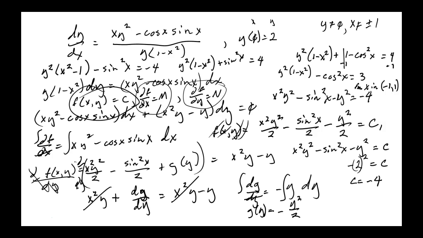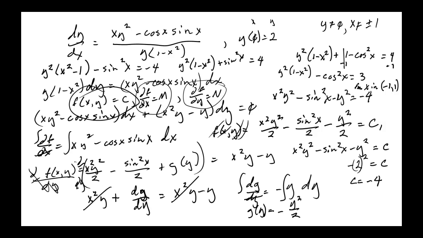M of x,y dx plus N of x,y dy equals 0, but then when you do the partial of M with respect to y and the partial of N with respect to x, you find out they're not the same, and you say, oh no, we just hang it up. Or we can say, well, maybe we can find an integrating factor, mu of x,y, that when you multiply both sides by it, you have produced an exact differential.